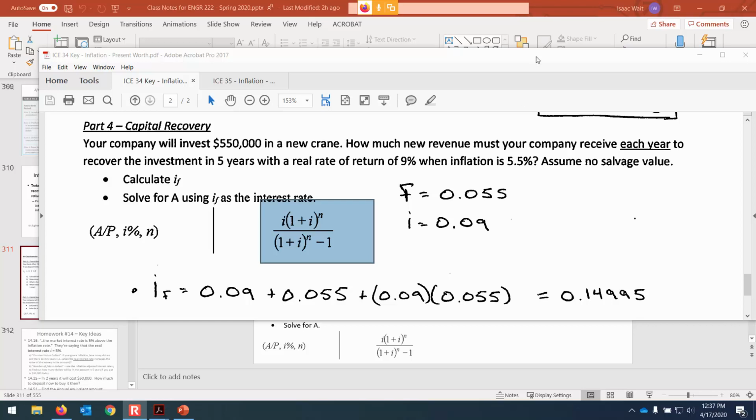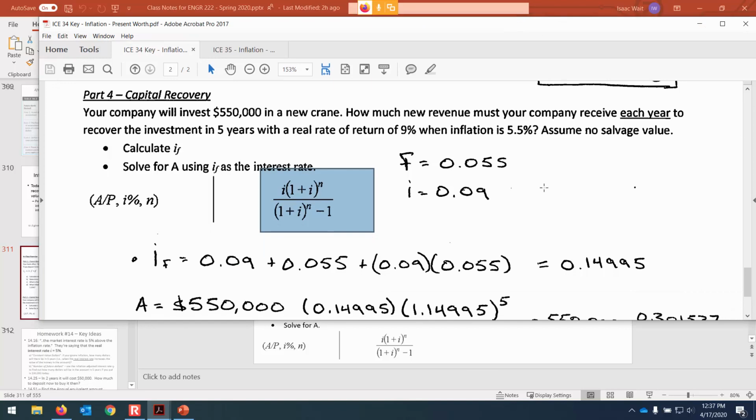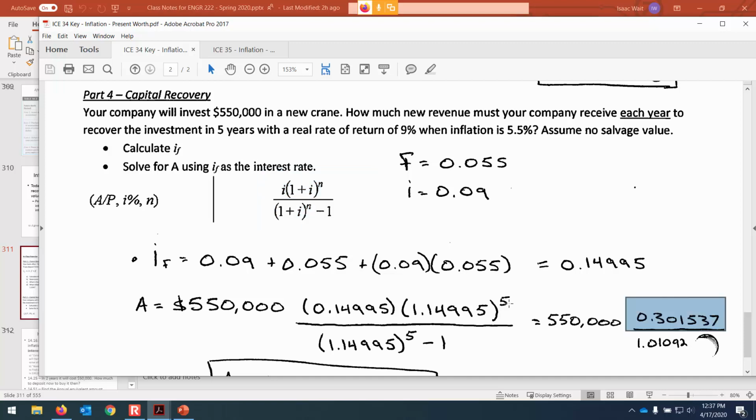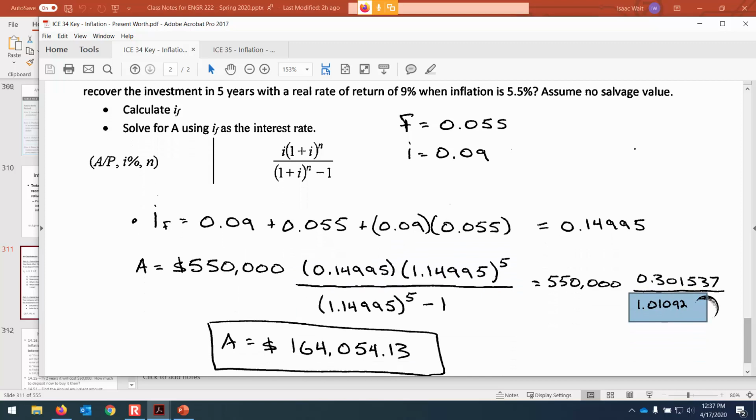All right, so let's look at the final answer for this one. Here is where we are making the substitutions of I sub f into the equation. If you multiply 550,000 by, in the numerator, 0.3031, and then in the denominator, 1.01, that means each year you should be trying to earn $164,000 from that equipment in order to justify its initial purchase.